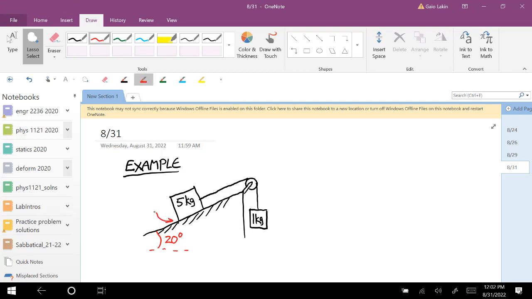There's friction at the contact between the 5 kilogram block and the ramp. And we want to know what are the external forces acting on each of these two masses.